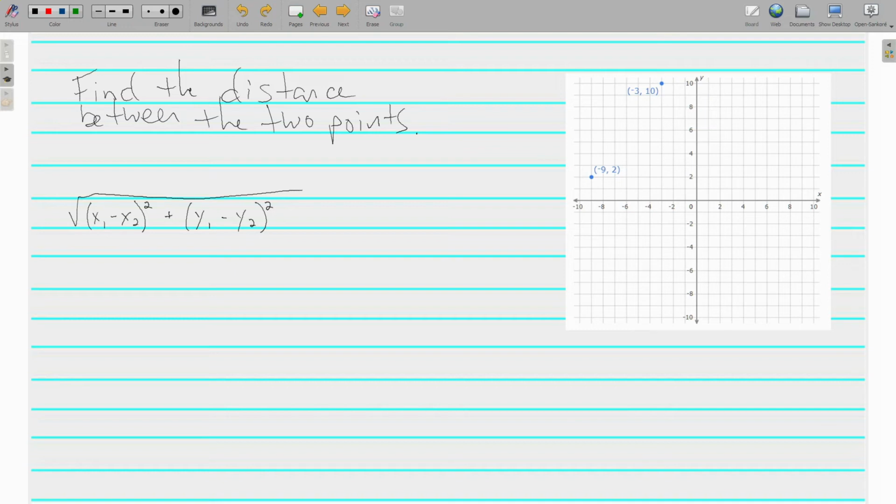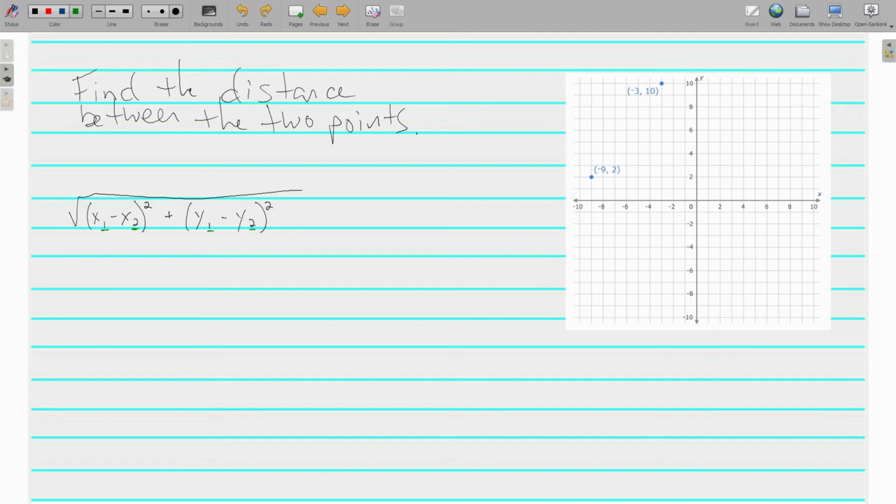Now, these x1 and x2s, you can see how they're supposed to be lower. An exponent like the squared is raised, but these 1 and 2s are lowered. That's called a subscript. All that's doing is identifying the x and the y from the 2 different points on our coordinate plane.